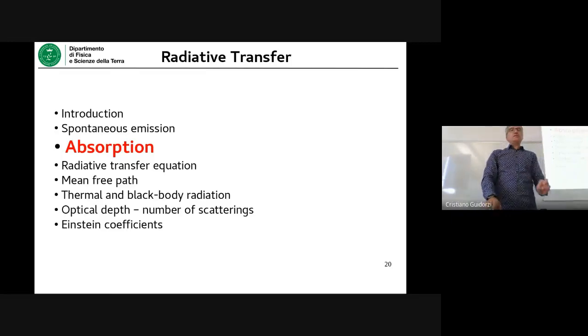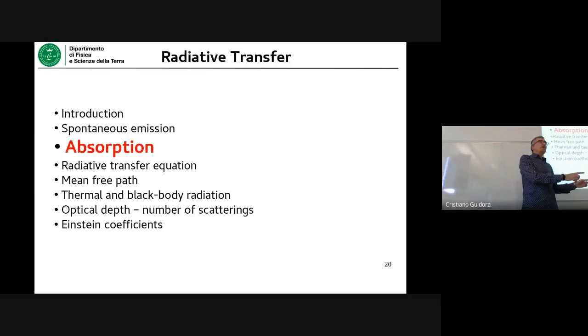Okay, last one for today's class. We saw spontaneous emission, which contributes to increase the radiation field. Let's see now the opposite, absorption. We also know, for the very same mechanisms, that photons can be absorbed by atoms, particularly when they match the difference in energy between two levels.